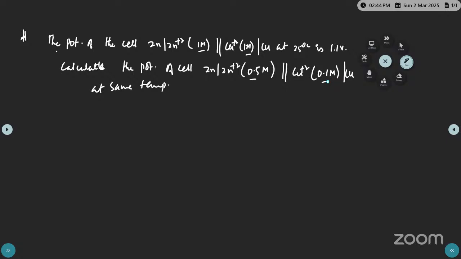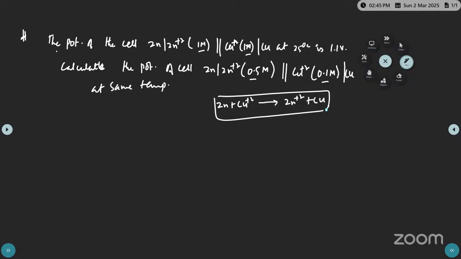The net reaction of the cell ఎలా ఉంటుంది? Zn plus Cu plus 2 gives rise to Zn plus 2 plus Cu. Isn't it? Is it right or wrong?